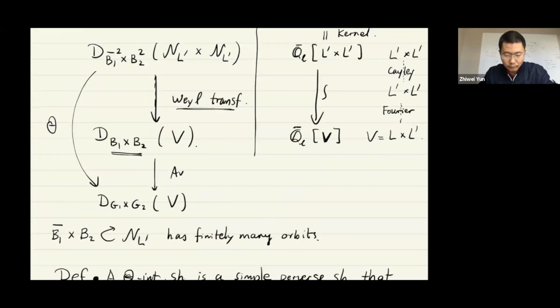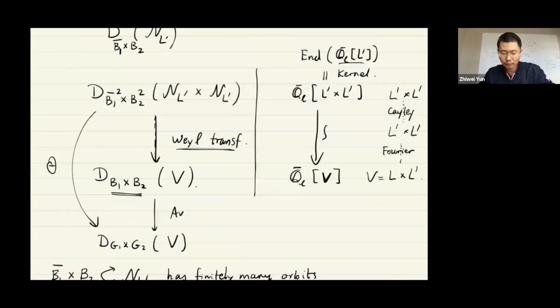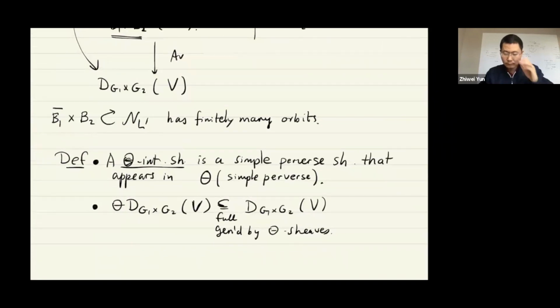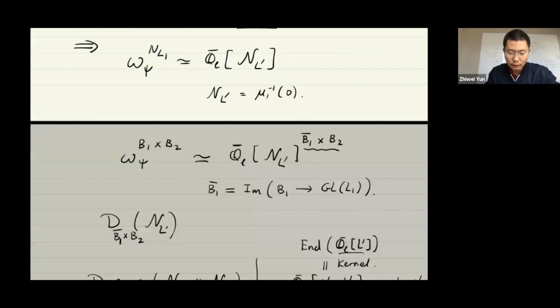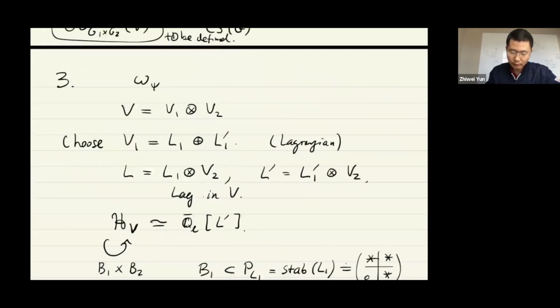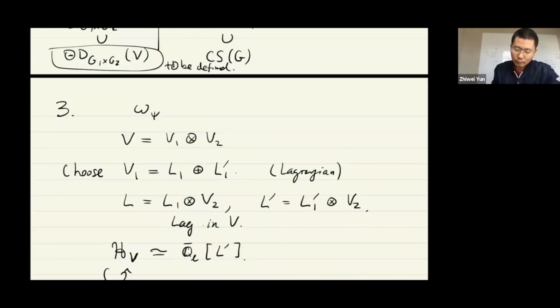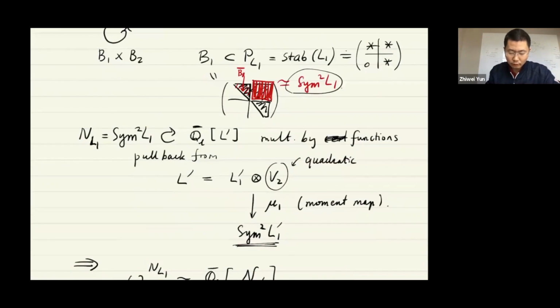So any questions at this point? One immediate question is that for the construction, I used a Lagrangian splitting. So I chose L1 prime from the very beginning, and the whole construction depends on that choice.